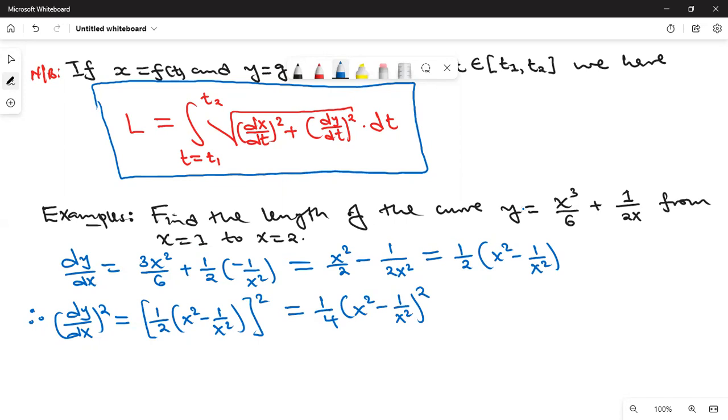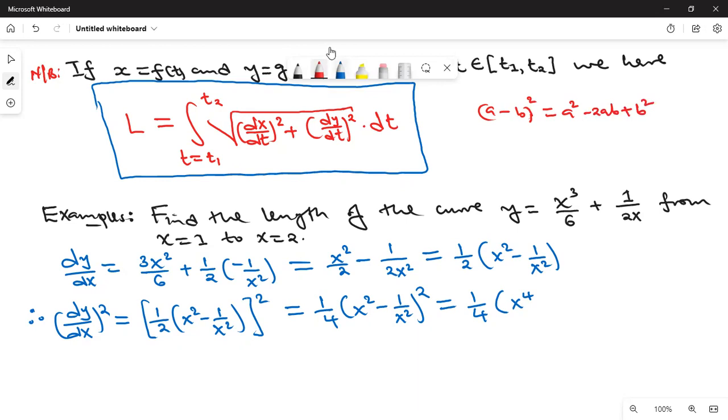And you can open that bracket. When you square, you're going to get 1 over 4 x raised to 4. Remember, a minus b squared, that's what I'm using. A minus b squared is the same as a squared minus 2ab plus b squared.